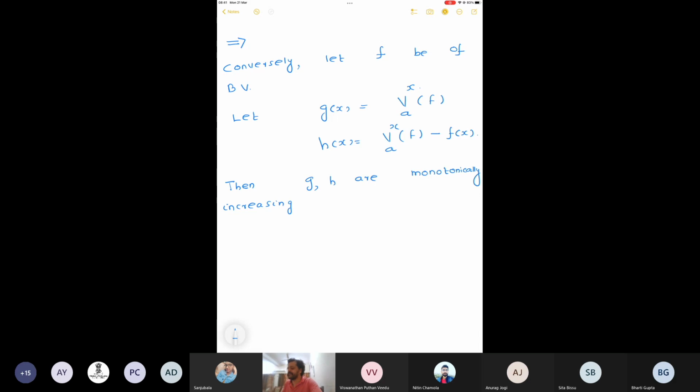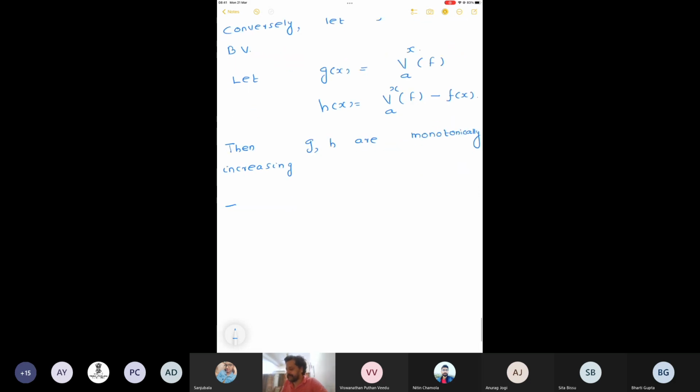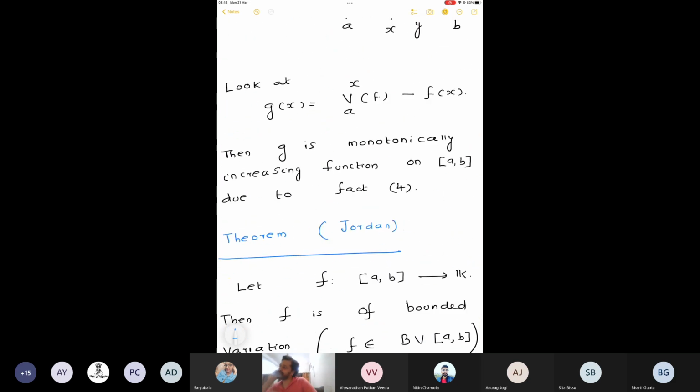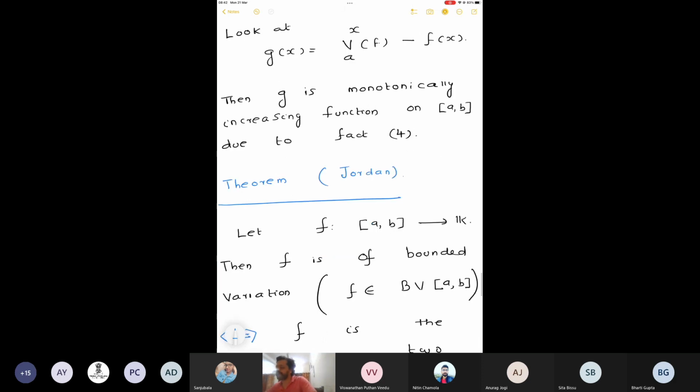Now you just see the difference g minus h. Further, g minus h is equal to f of x. Okay. Therefore, f you could write as a difference of two monotonically increasing functions. So this is an important theorem about the bounded variation function. A function is of bounded variation if and only if you can write it as a difference of two monotonic functions.